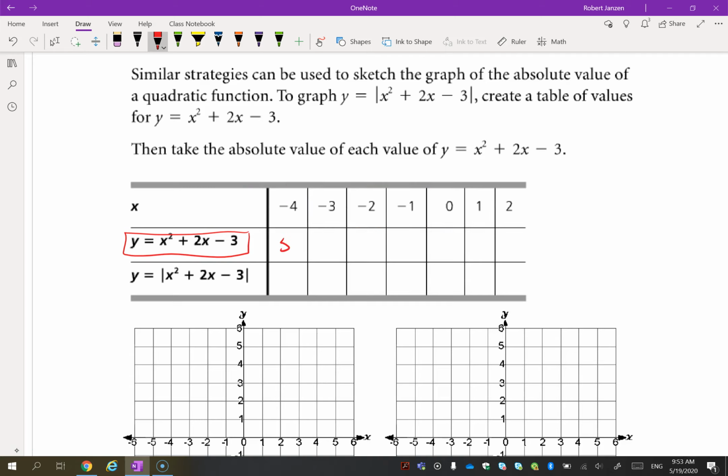So this will be 5. If I put in negative 3, I'll get 9, take away 6, take away 3. That's going to be 0. If I put in negative 2, I get 4, take away 4, take away 3. So that's negative 3. And then I get 1, take away 2, take away 3. So that's negative 4. Then negative 3. And then this is going back up.